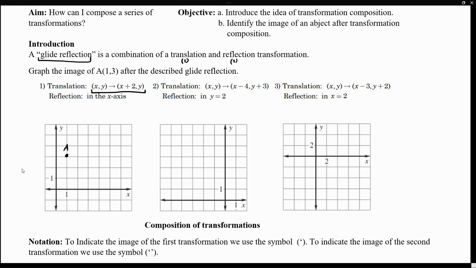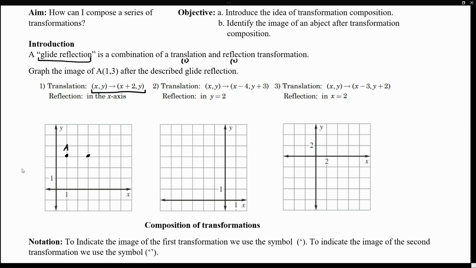So A, if we move it 2 units to the right, is going to be right here. Notice that I'm only moving it 2 units to the right because y gets mapped to y. So the y doesn't change and the x gets moved 2 units to the right. If this had been a subtraction, then we would have moved 2 units to the left.